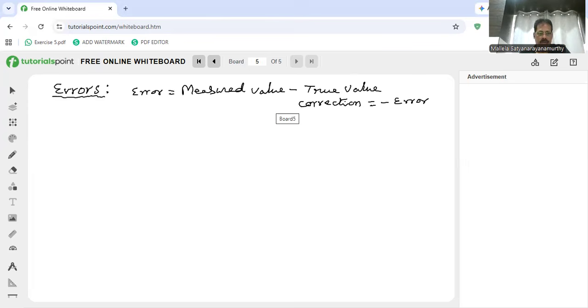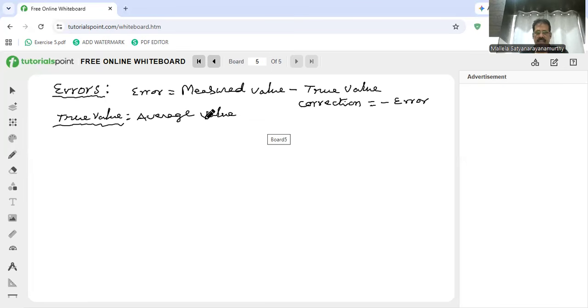So what is the true value here? The true value is nothing but the average value. In the practicals you did recently, you measured the same quantity 3 or 4 times and took the average.